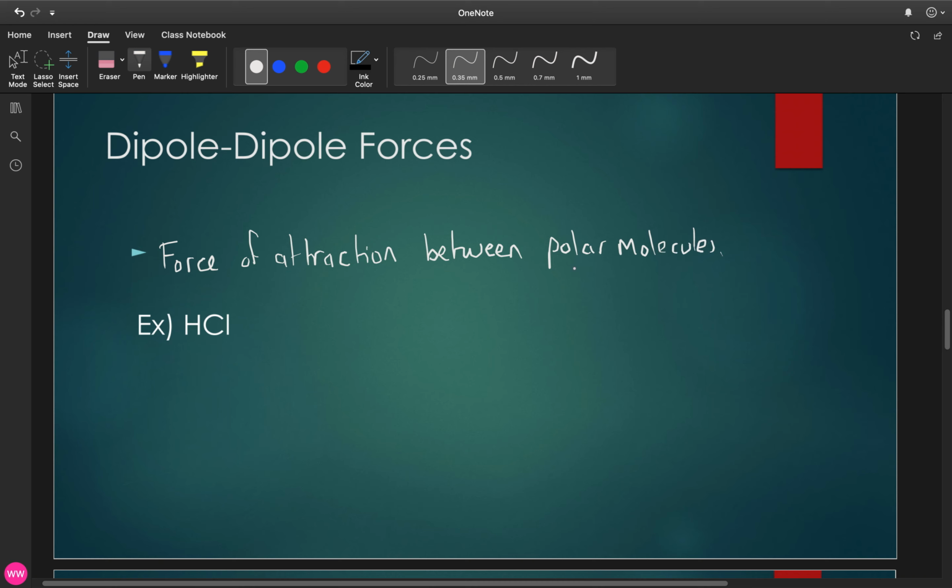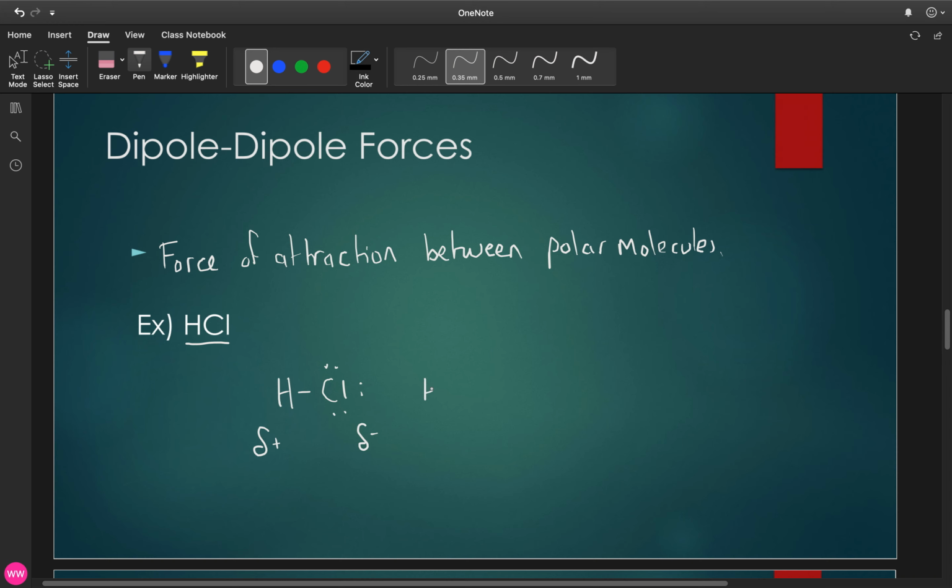We're going to use HCl. So when we draw out the Lewis structure for HCl, there's a single bond between the hydrogen and the chlorine. And because chlorine is further up and to the right than hydrogen is, chlorine is going to be slightly negative. It is more electronegative than the hydrogen. And so the electrons in this chemical bond right here are going to be more attracted to the chlorine, making the chlorine ever so slightly negative.